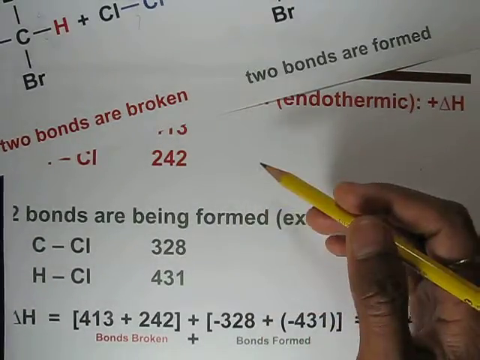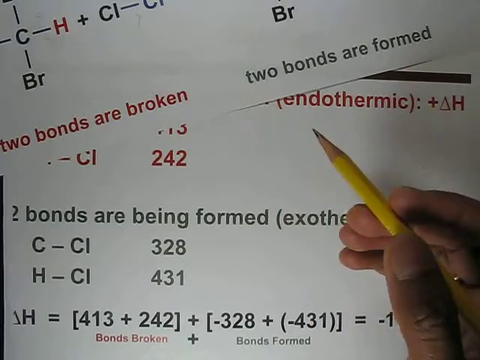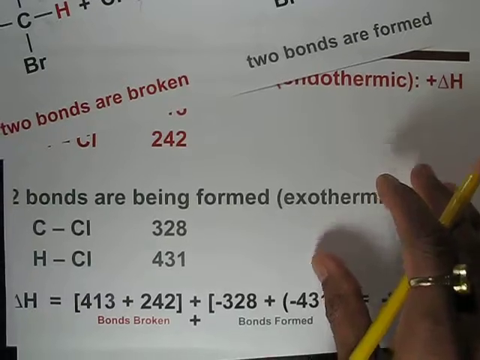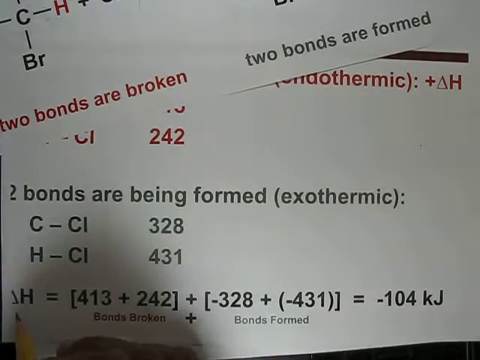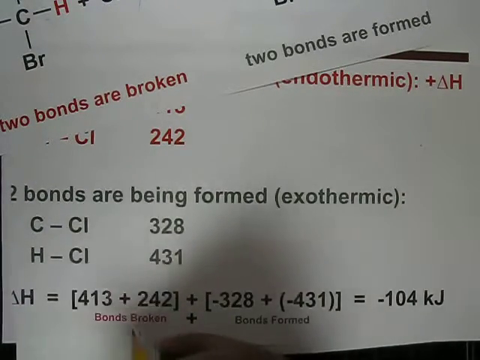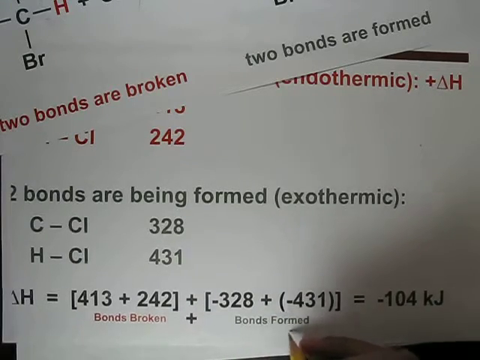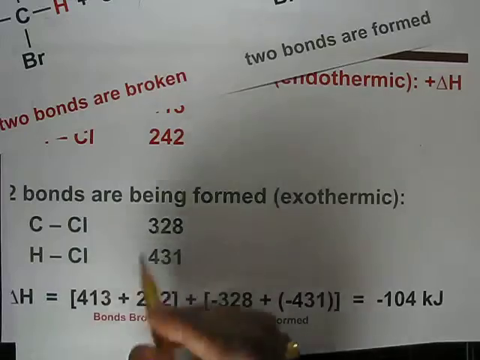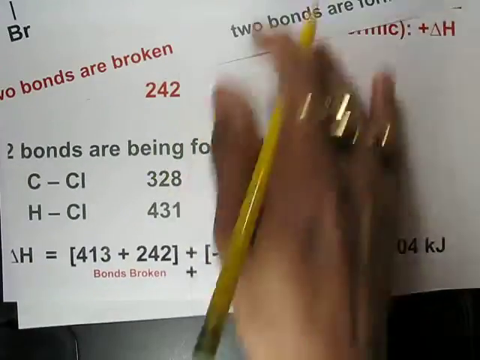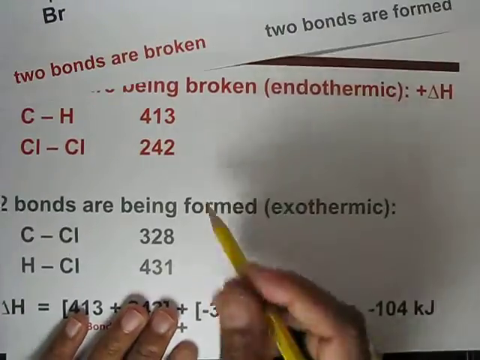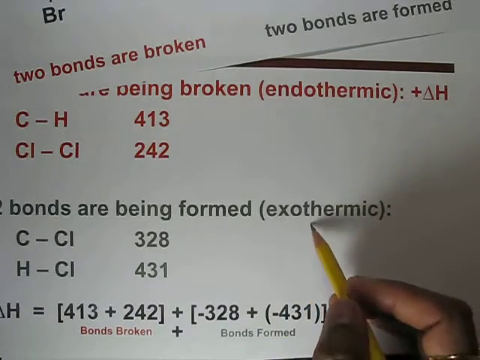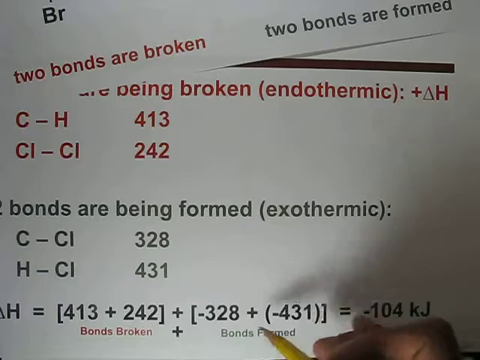So what will be the difference for the whole reaction? How will the energy flow work? We calculate that delta H is equal to bonds broken plus bonds formed. The bonds broken are endothermic, and the exothermic part goes with the minus.